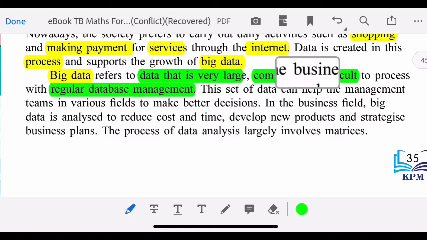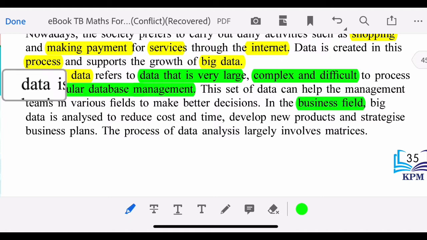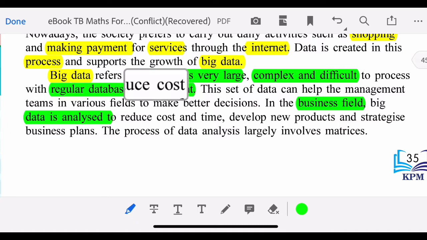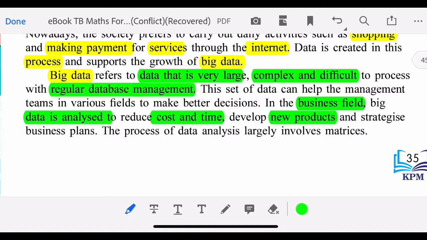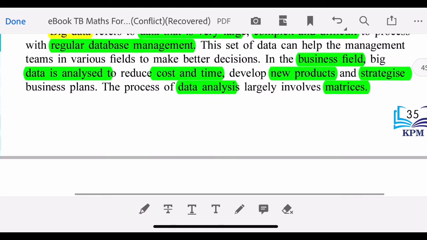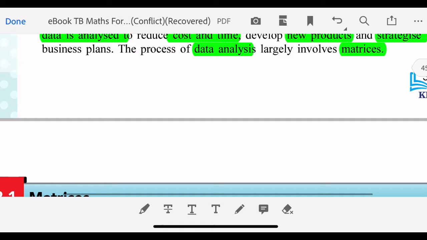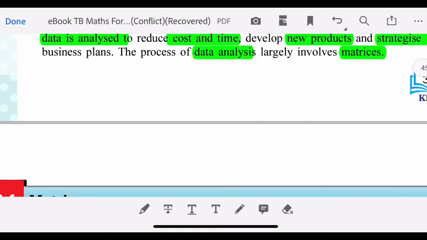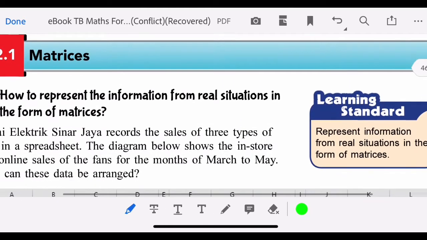In the business field, big data is analyzed to reduce costs and time, develop new products, and strategize business plans. And the process of data analysis largely involves matrices. So you see that matrices is very important because the process of data analysis involves matrices.